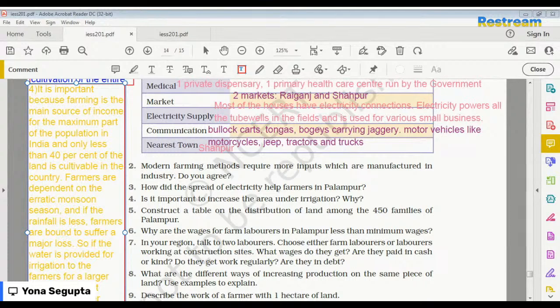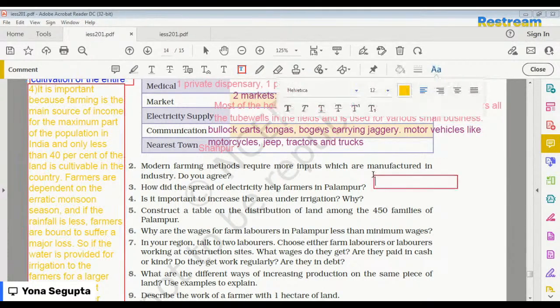The government declared wage for a farm laborer is rupees 30 per day, but the competition for work among the farm laborers is very high, which is why people agree to work for lower wages.